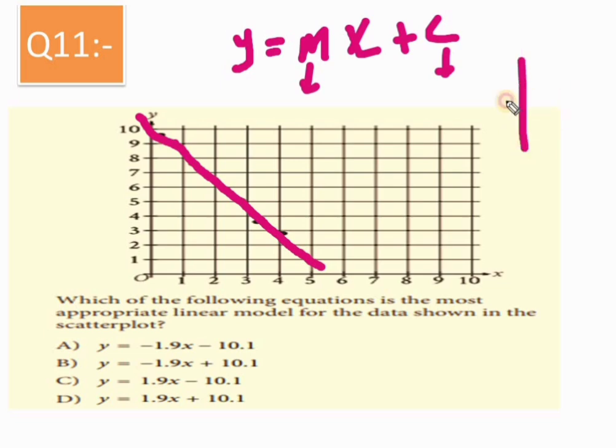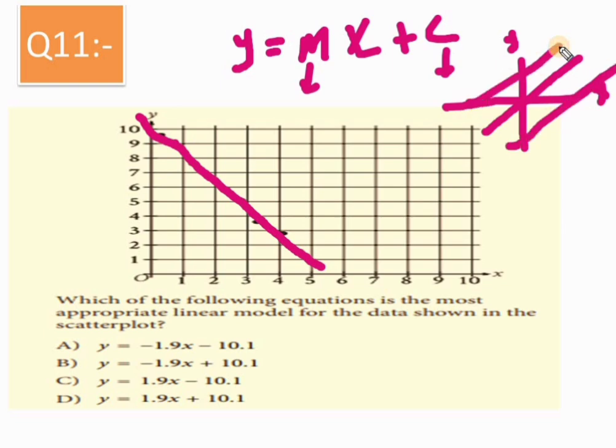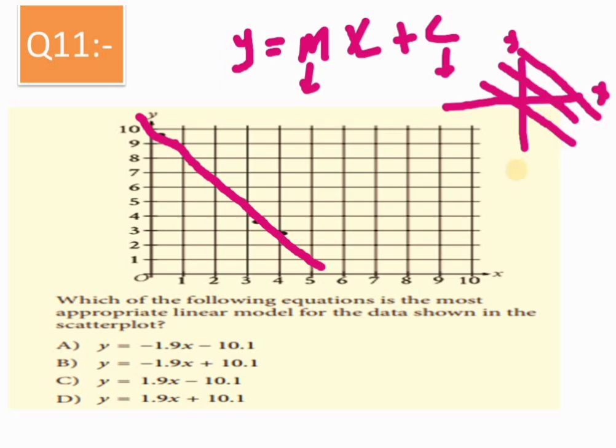To explain this point, suppose the xy plane, and after you draw the line, you find it in this direction, like that, or like that. In this direction, it means that the slope is positive. If the line after drawing is in this direction, that means the slope is negative.